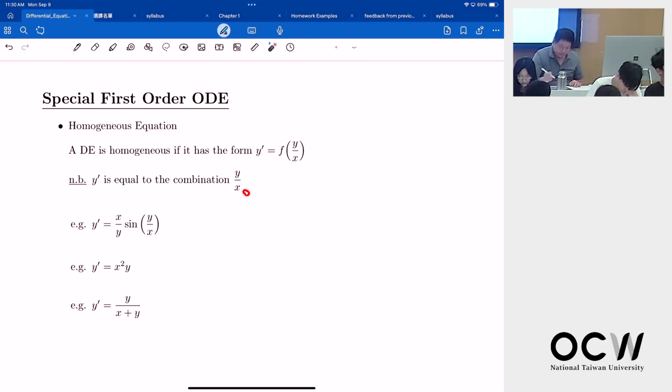For example, is this homogeneous? Well, here I have a y over x. Even though this is x over y, you can take the reciprocal, so this is also a form of y over x. So this is homogeneous.